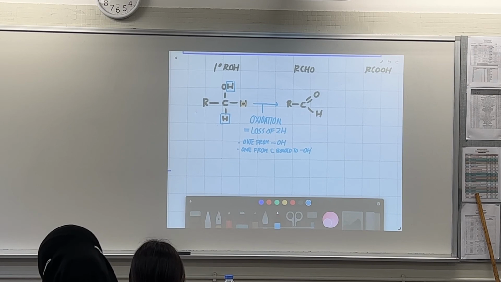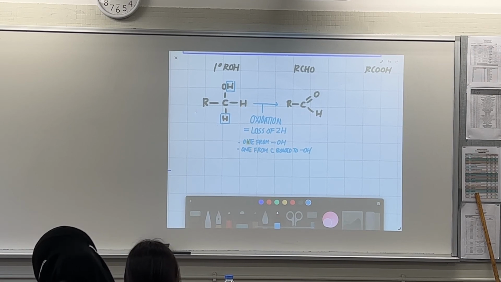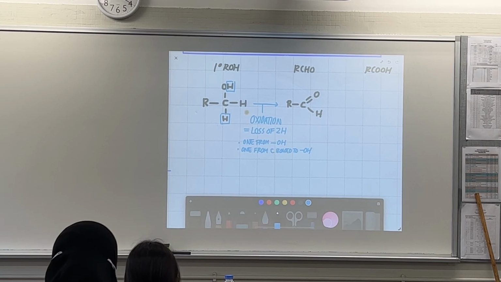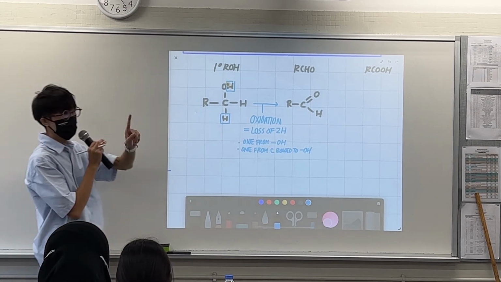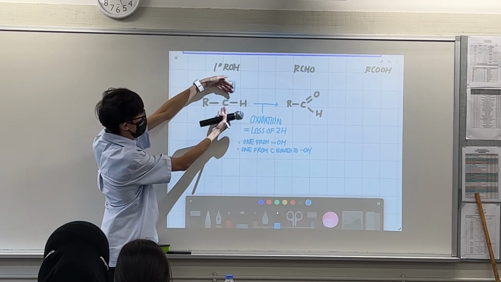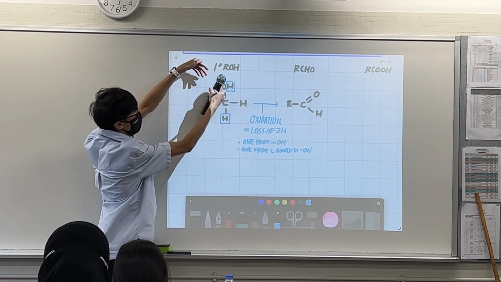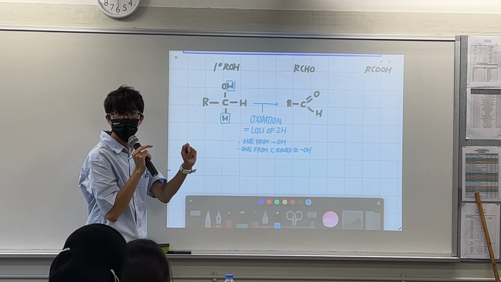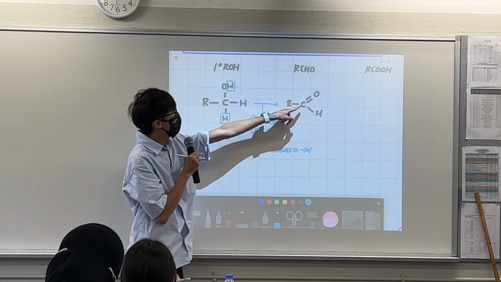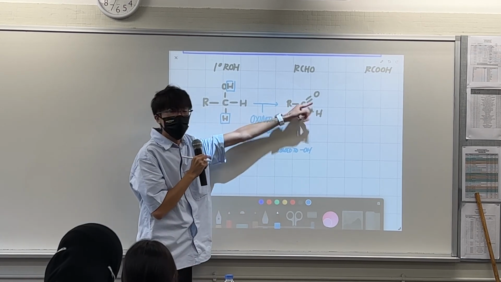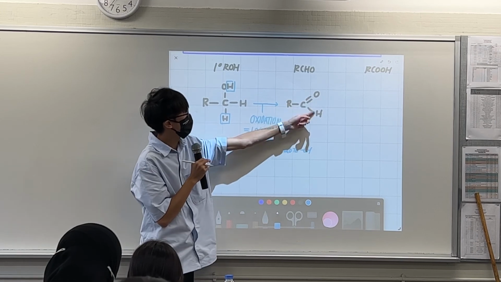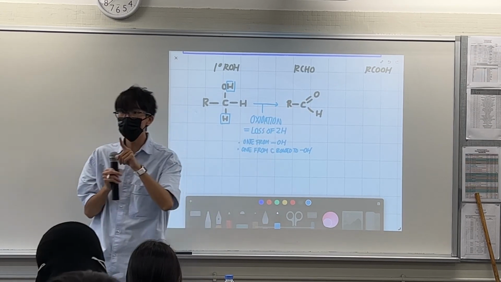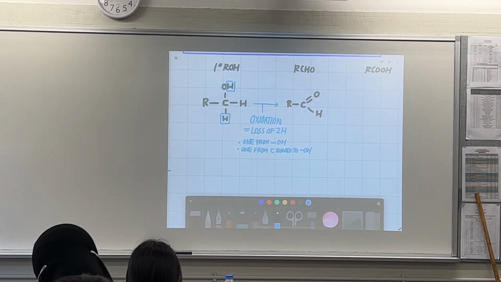You see, this H fits the second requirement. It is an H bonded to a carbon connected to an OH, right? So we remove them. When you cover these, you will have RCOH left, right? And we have to manually add a bond in here, because if we just have RCOH here, they are just free bonds. And remember, carbon always wants 4 bonds in organic chemistry, right?